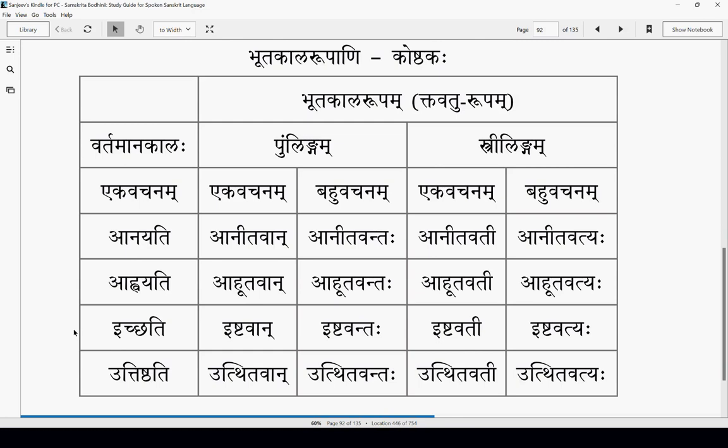In this lesson, in this course, we are mainly looking at the Krudanta Rupam of the Kriyapadam, which can be used in a sense as the past tense. But the other one, the Langlakara form, is mostly not covered in this course.